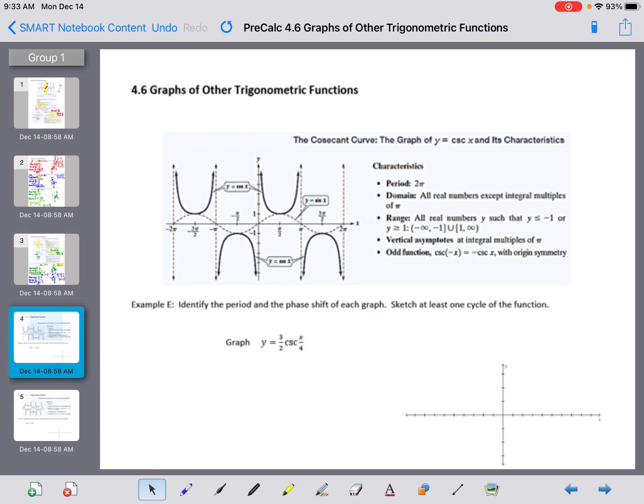What we see right here on this picture is a cosecant curve. And what I need to stress to you is that what is in solid lines is my actual graph, okay? I'm doing cosecant, so I'm sine.